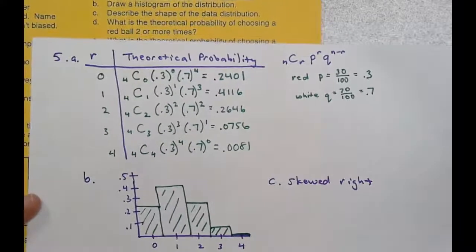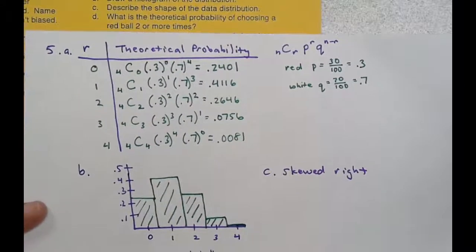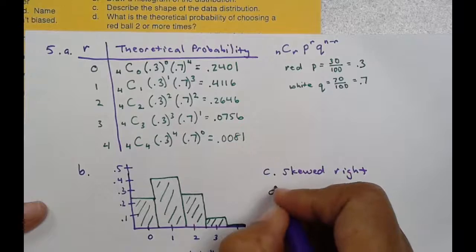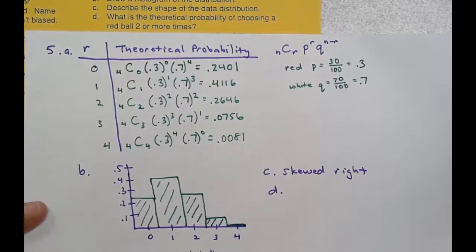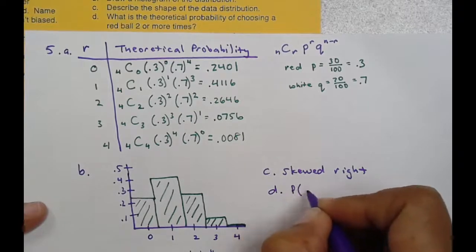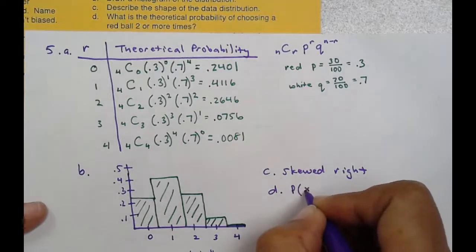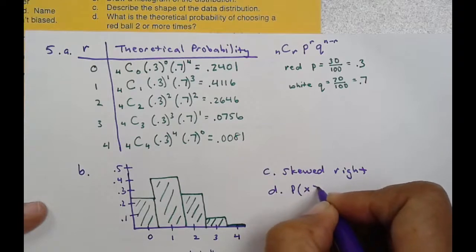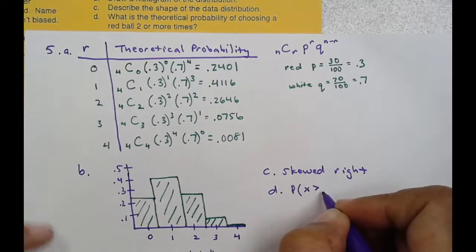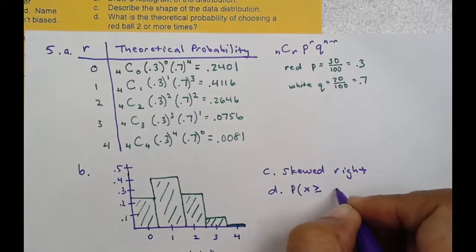All right, and then part D is finding the theoretical probability of choosing a red ball 2 or more times. So if I want the probability of 2 or more, that means that the values have to be greater than, and can it equal if it's 2 or more? Yes, it could equal 2 or be more than that.